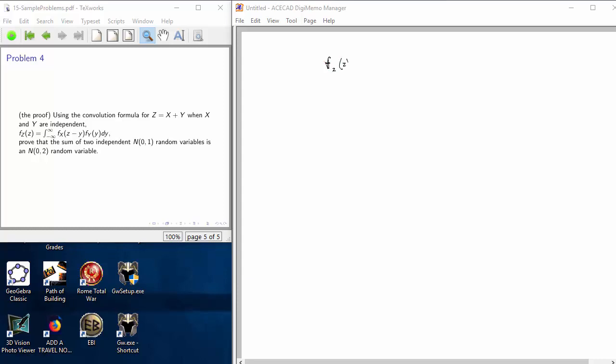Which says that the density function for the sum, x plus y, is the product of the two density functions. Each of those has a factor of 1 over the square root of 2 pi in it.